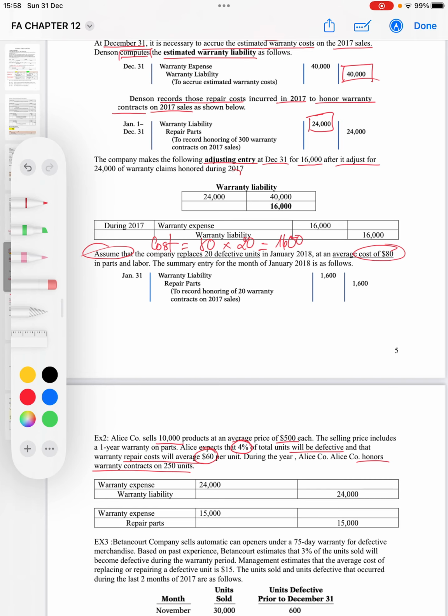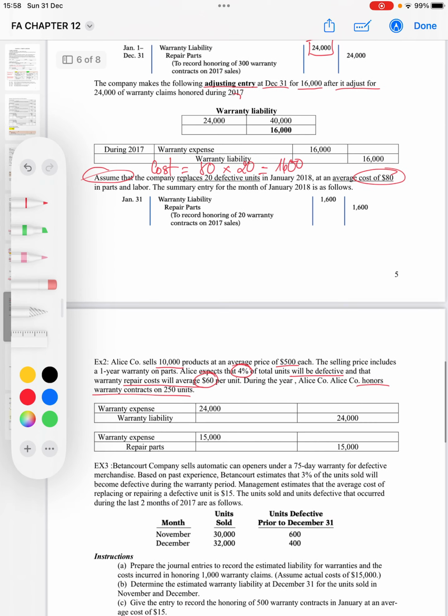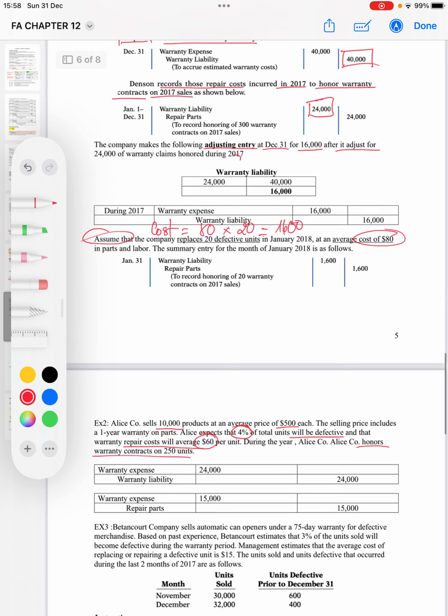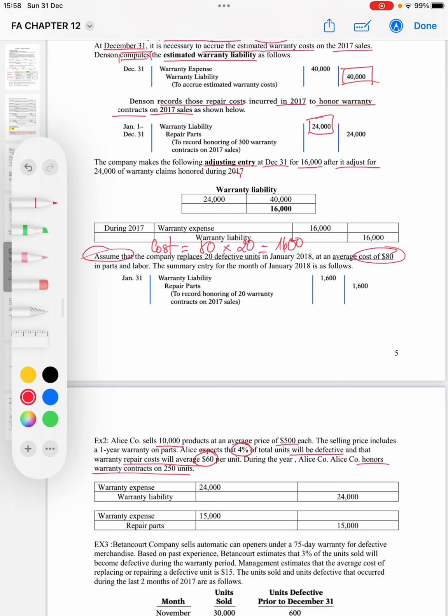And next we have to record the honoring of warranty contracts on sale. They said they honor 250 units. So we have to estimate the total cost that they had to spend to honor these guarantee contracts.